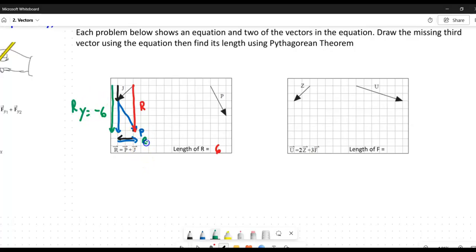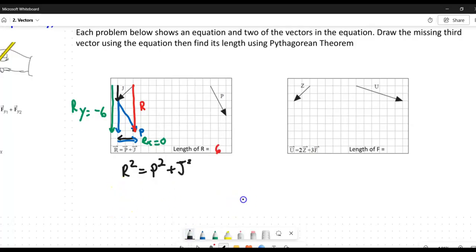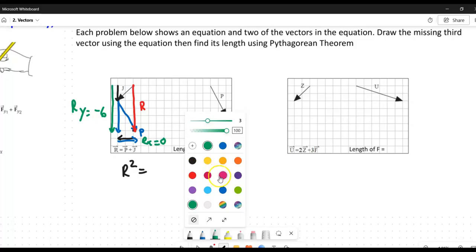Now, to do Pythagorean's theorem, r squared is going to be equal to p squared plus j squared. Okay? So, to find, and I should use colors to denote those, start over. I could put this back to red.